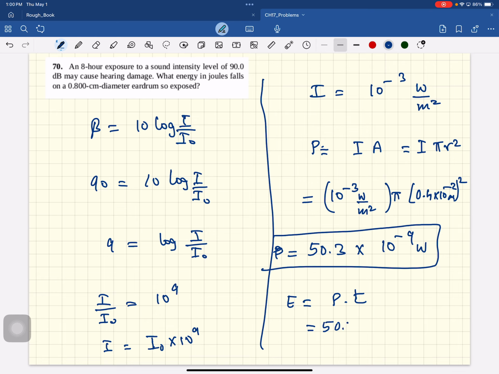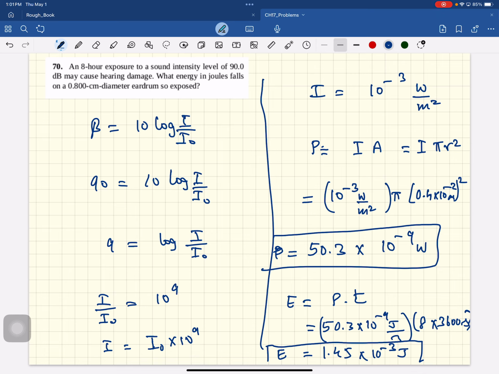So it's 50.3 into 10 to the minus 9 joules per second, and 8 hours is that many seconds. Okay, 1,000th of a joule.